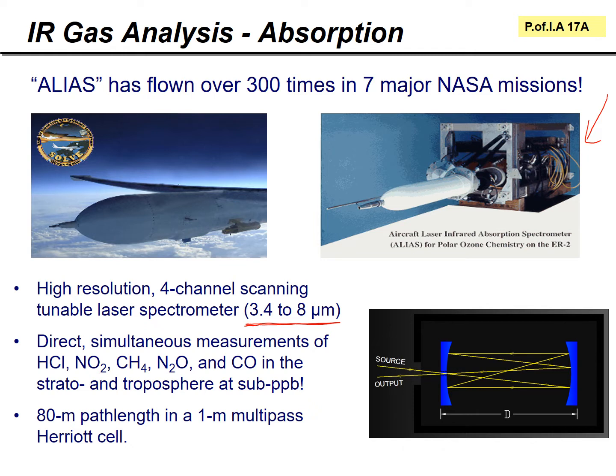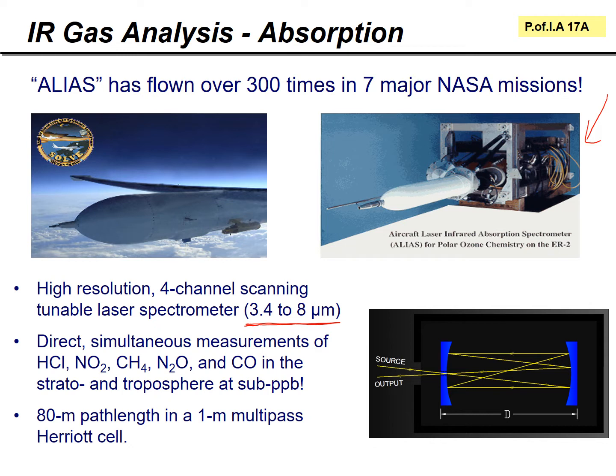And multiple samples can be studied simultaneously, and then they can be deconvolved out of the infrared spectrum. And gases down at levels of subparts per billion can be detected. And the way that this is done is this neat little device here called a Herriott cell.